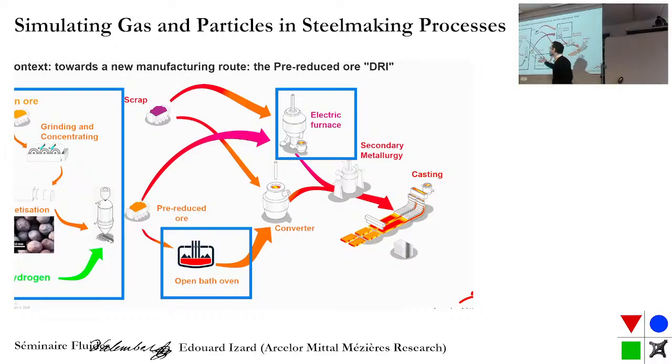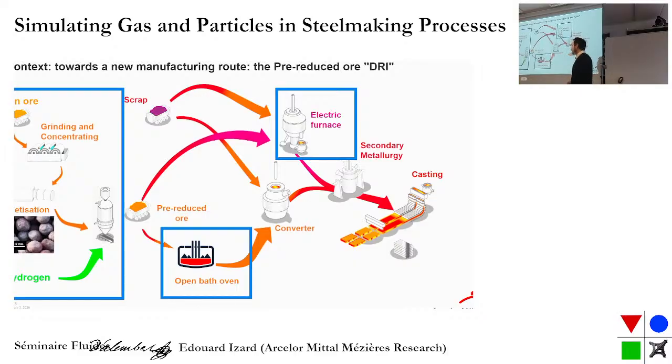To do that, we are changing the processes. So instead of doing sintering of iron ore, we are going to pelletization. Then instead of using the blast furnace, we have tried to split the blast furnace in two different processes. One for reducing the material, which is called the direct reduced iron process.